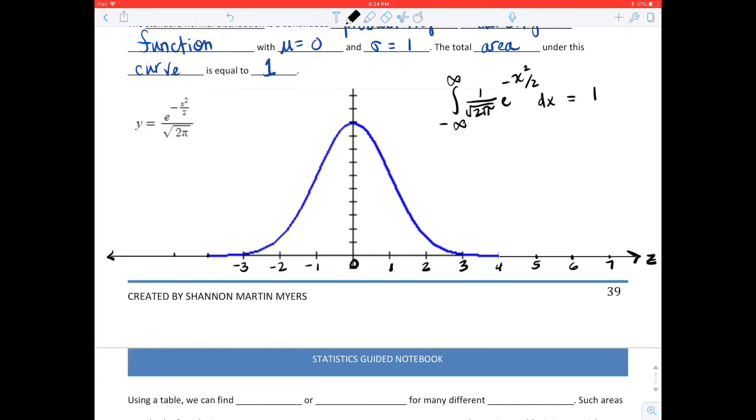And even though it doesn't look like it, there's still a teeny bit of area, right? So it closes out enough to where we end up having this density function. So this total area under the curve is one.